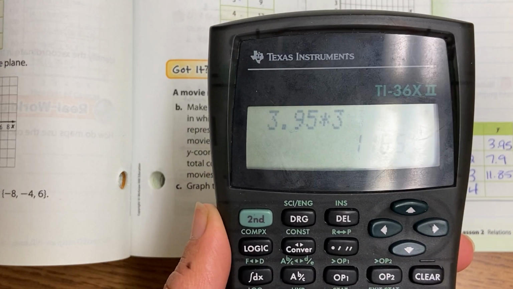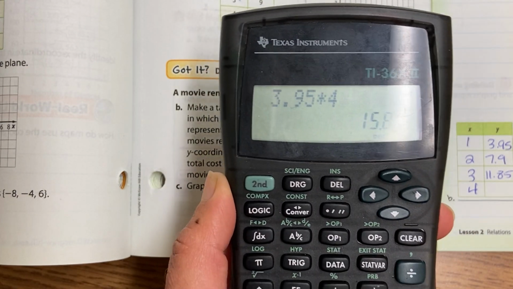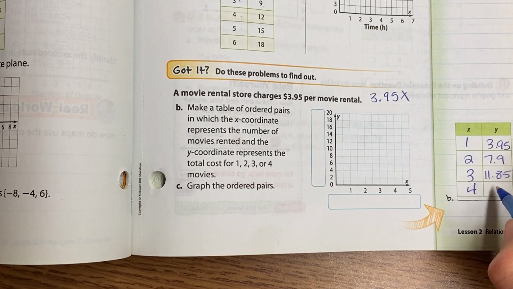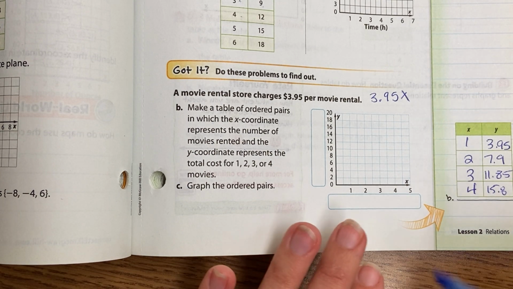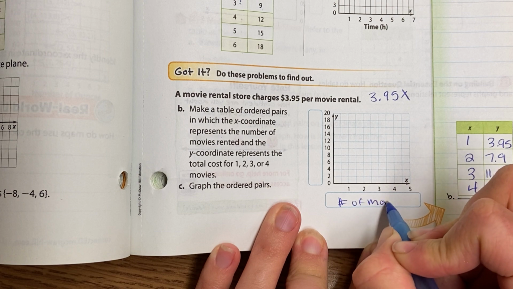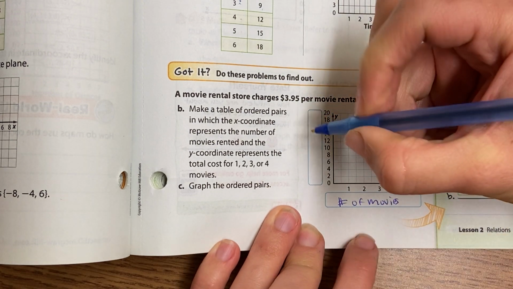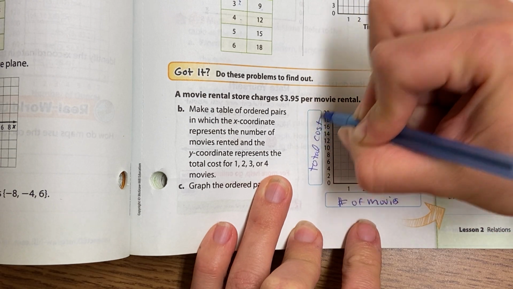And then last, 3.95 times 4 equals 15.8. Then it says to graph it. So number of movies, and then total cost. Don't forget to label your graphs.